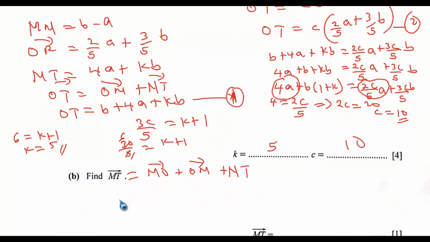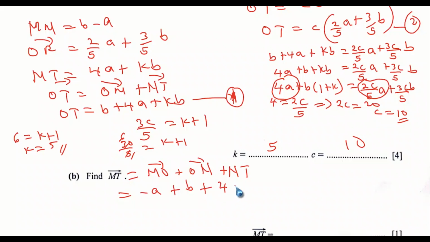We already know that MO is equal to minus a, ON is equal to b, and NT is equal to 4a plus kb, and k is 5, so it will be 4a plus 5b.